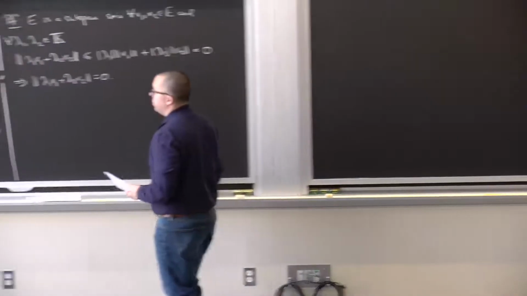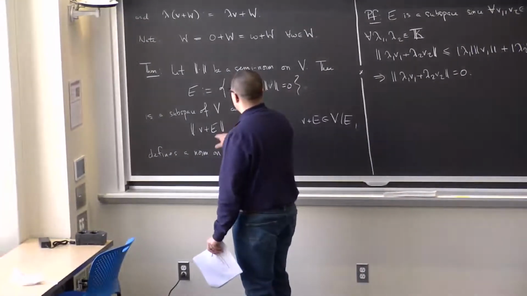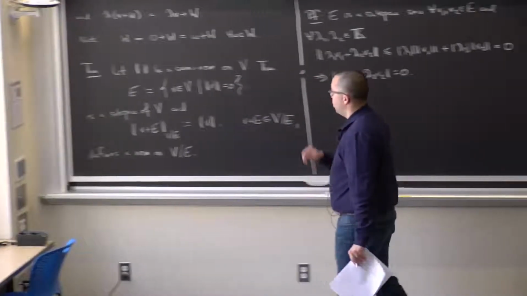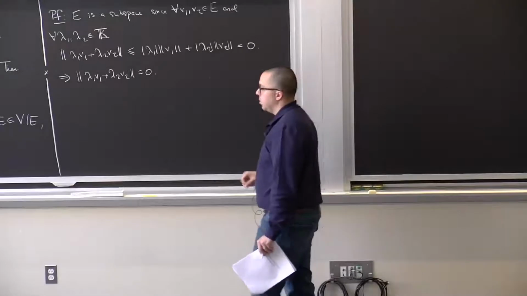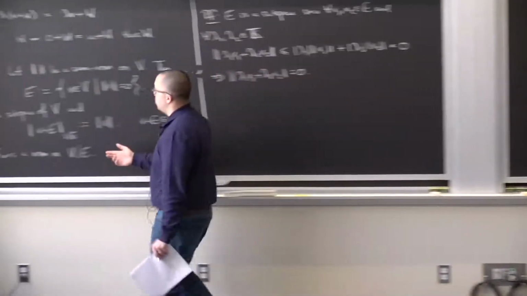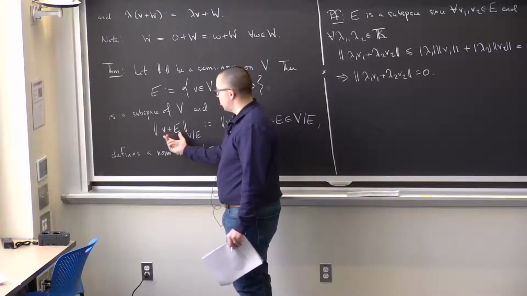So first off, we define this function. So now let's show that this defines a norm on V mod E. We need to first show it's well defined, because I'm defining it in terms of a representative of this equivalence class.